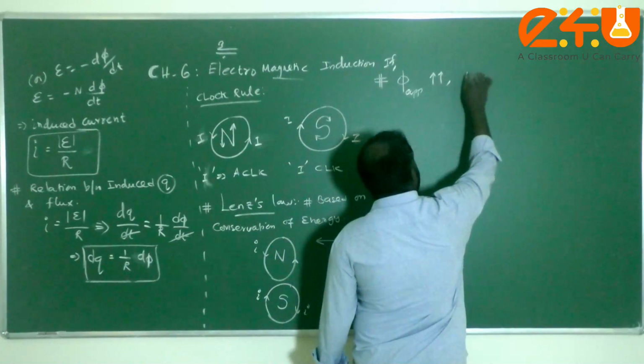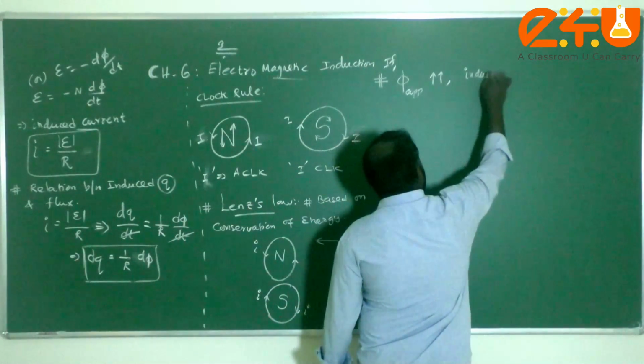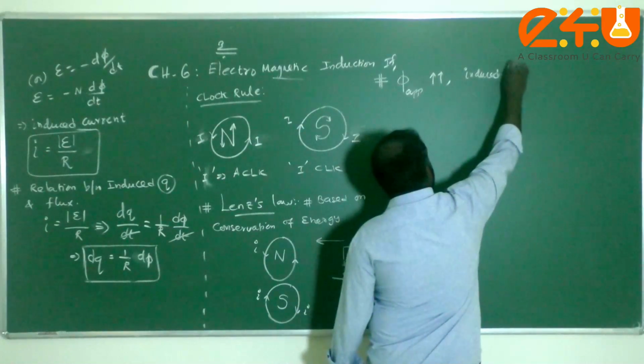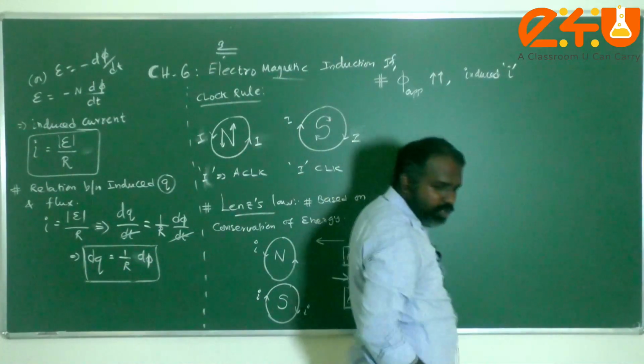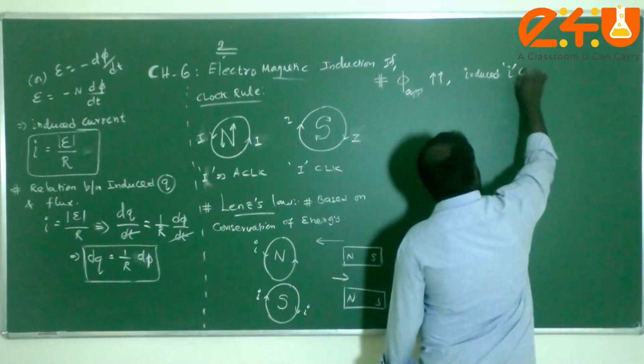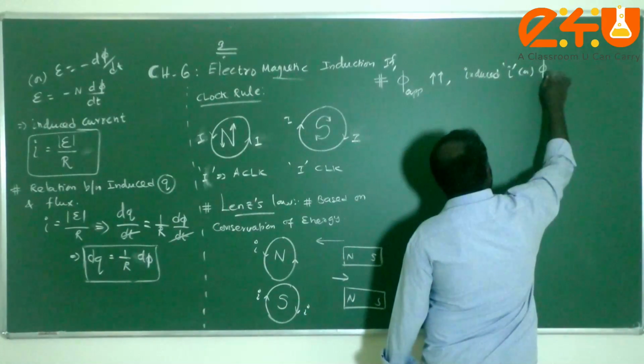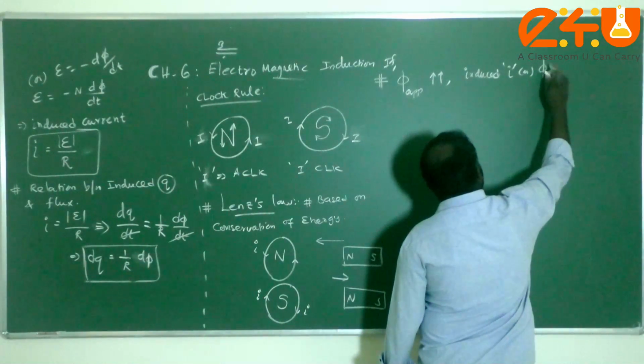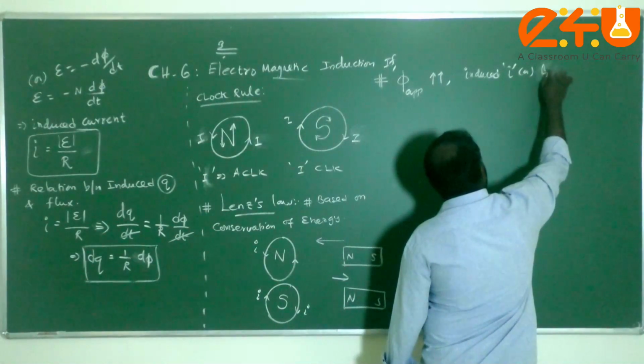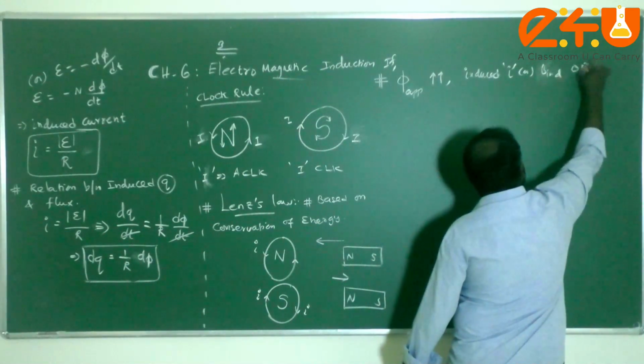So if the applied magnetic flux increases, then when current is induced, it will produce its own magnetic field. The induced current, or we can say the induced magnetic field. Induced what, children? Magnetic field, or B induced, will oppose it.